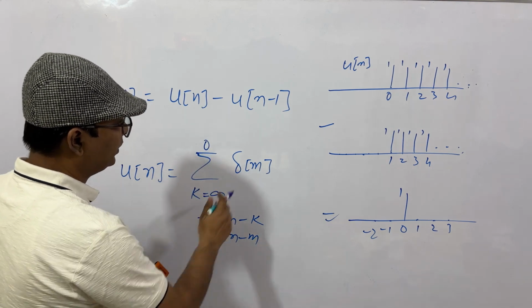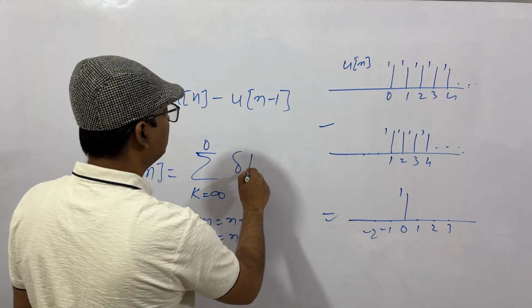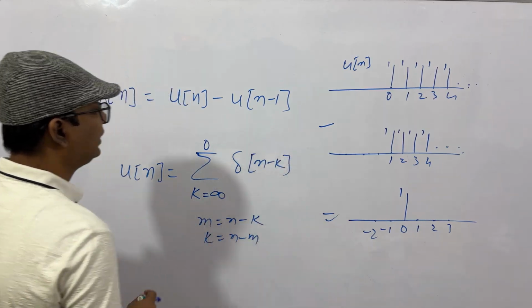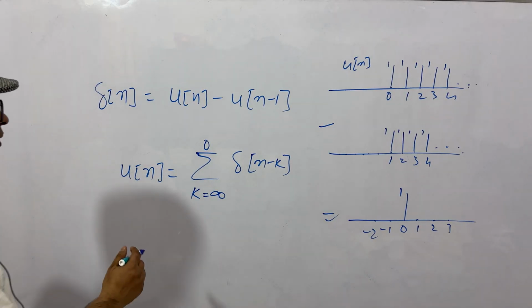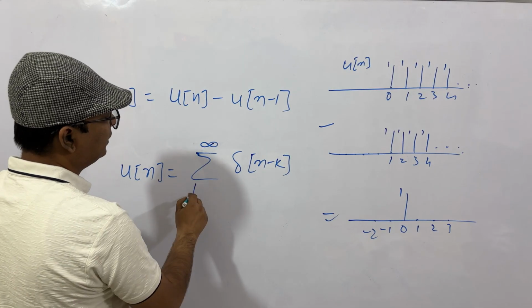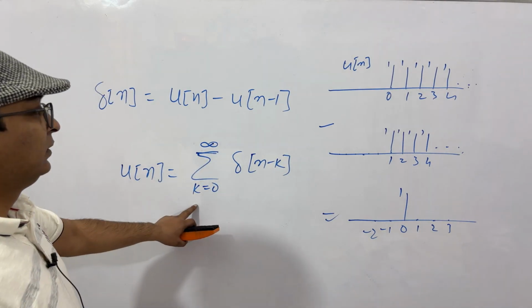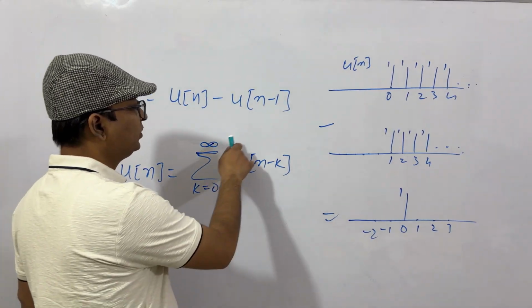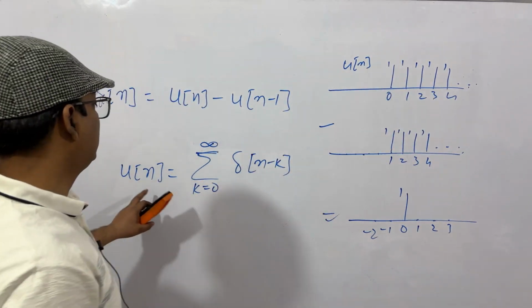So infinity to 0, and in place of m, here you will have n minus k, that is shifted impulses. In case of shifted impulses, you can write it turned around also, that is summation k equal to 0 to infinity δ[n minus k]. This is also very logical, that from 0 to infinity, 0, 1, 2, you will have impulses. Okay, so you will get u[n].